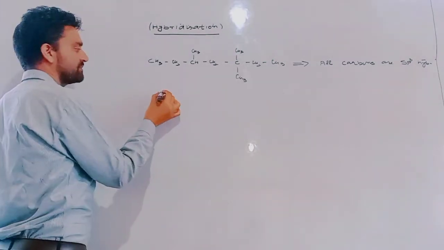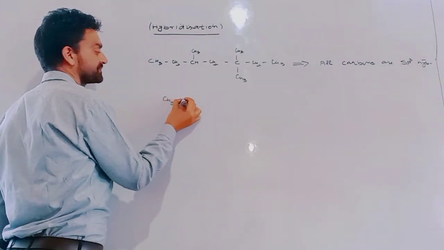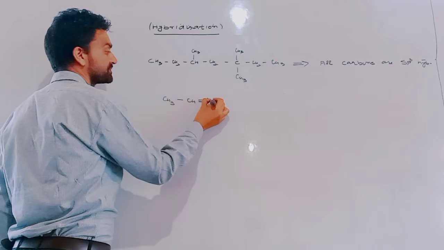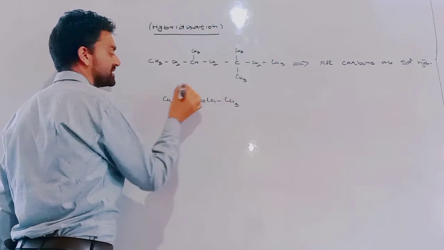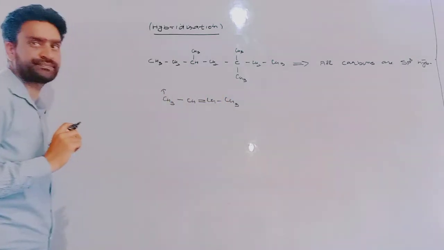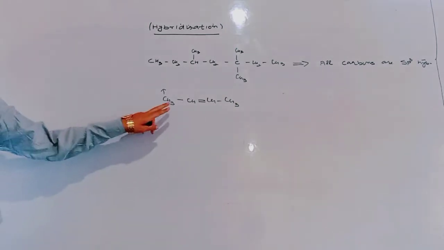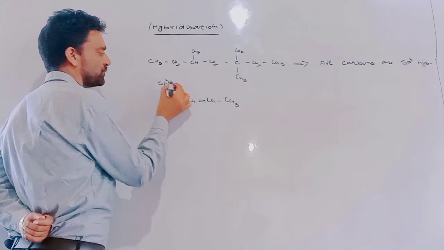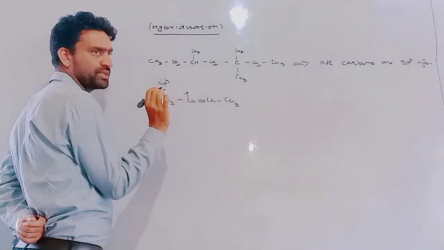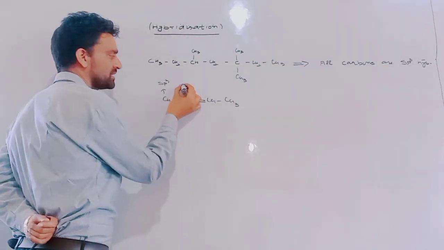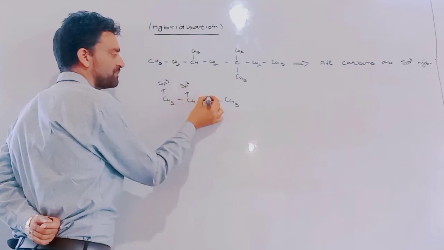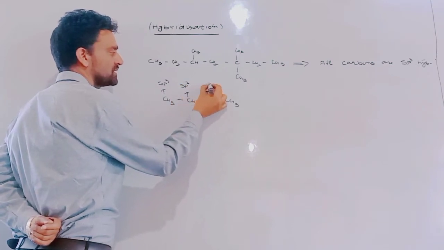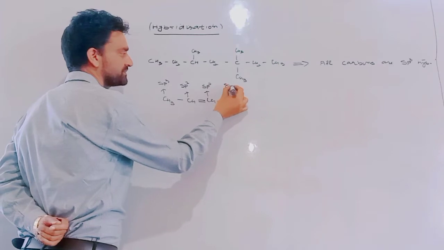If I take this compound, what is the hybridization of this carbon? Only sigma bonds. Let me know. It is sp3. What is the hybridization of this carbon? Only 1 pi bond. Presence of 1 pi bond, it is sp2. Clear?